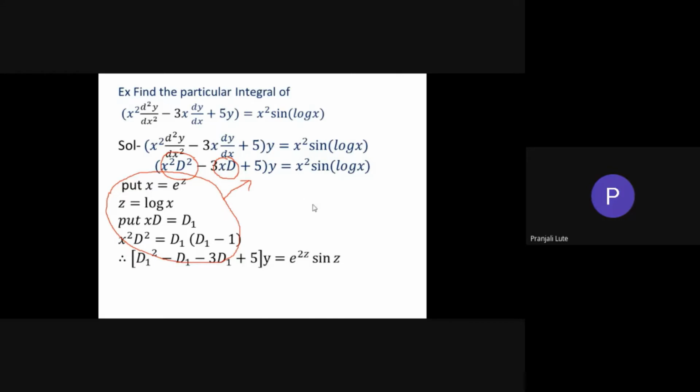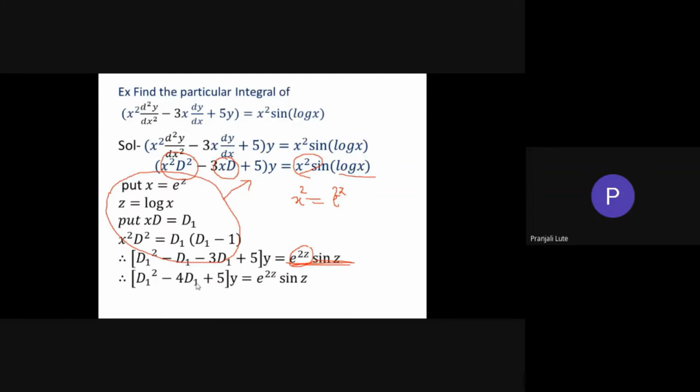So what is x square? x square is e to the power 2z, and sin(log x) is sin z. So the right hand side is case number 4, e to the power ax into V. So (D1 square - 4 D1 + 5) y equals e to the power 2z into sin z.